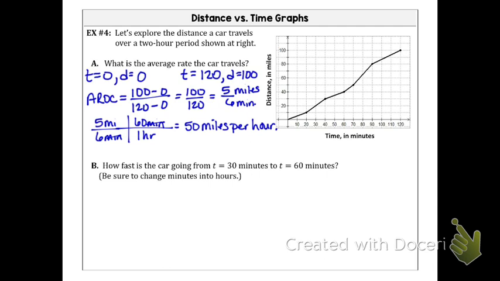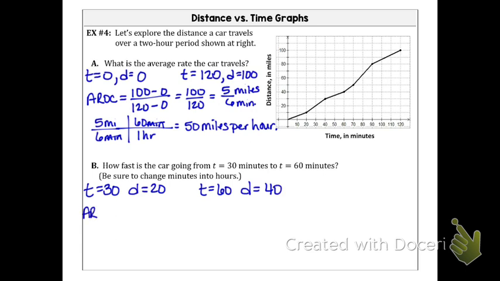All right, how fast is the car going from when t equals 30 minutes to t equals 60 minutes? Be sure to change the minutes into hours. So when t is 30 minutes, the distance is about 20. And when time is 60 minutes, the distance is about 40.